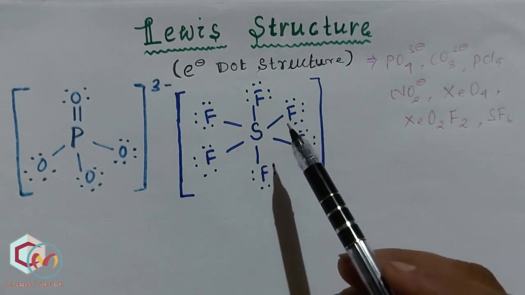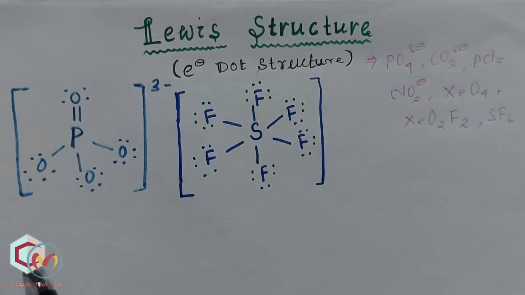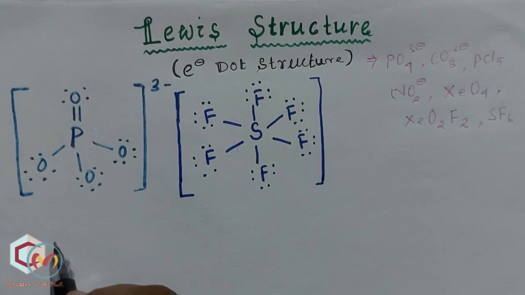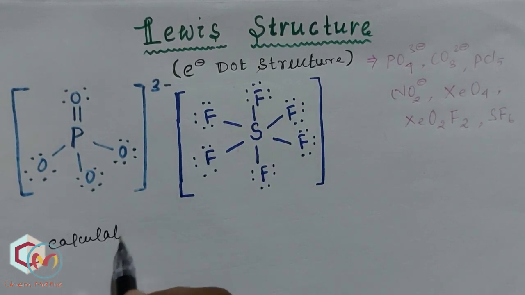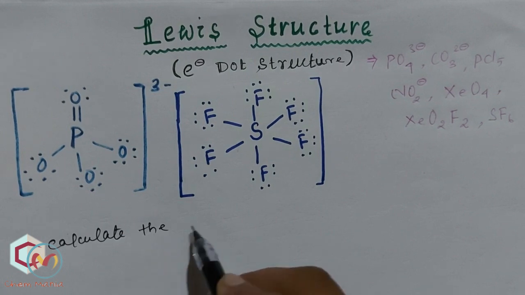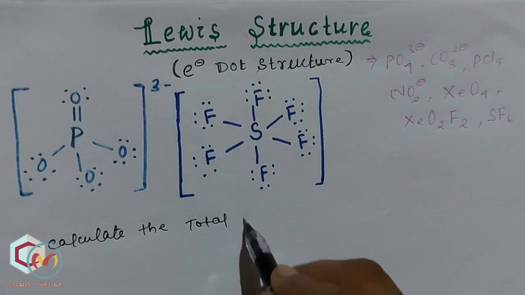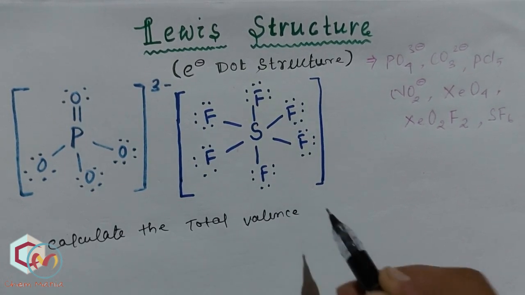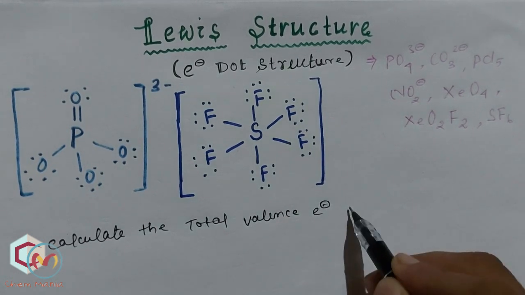Now this is the first rule. Remember, first we have to calculate the total valence electrons of the given compound.